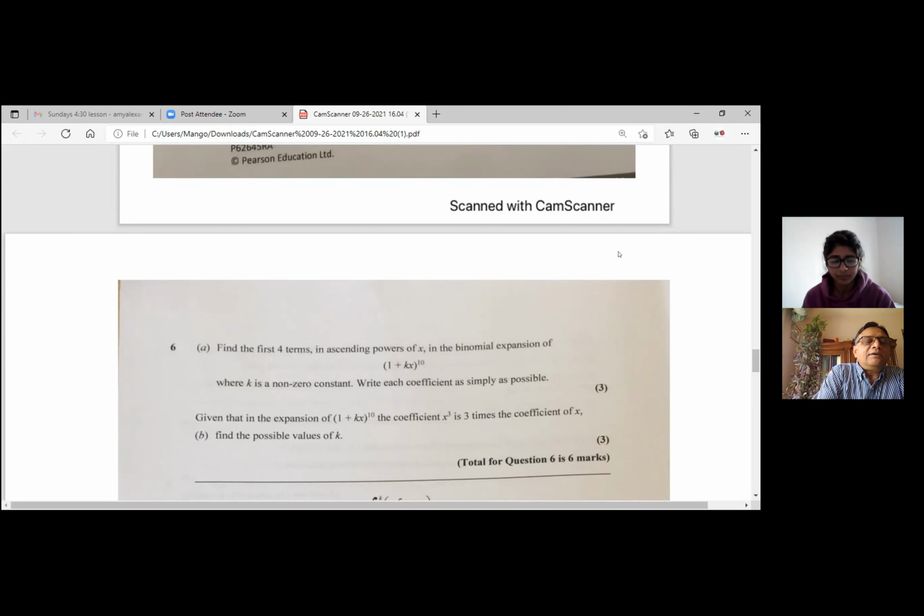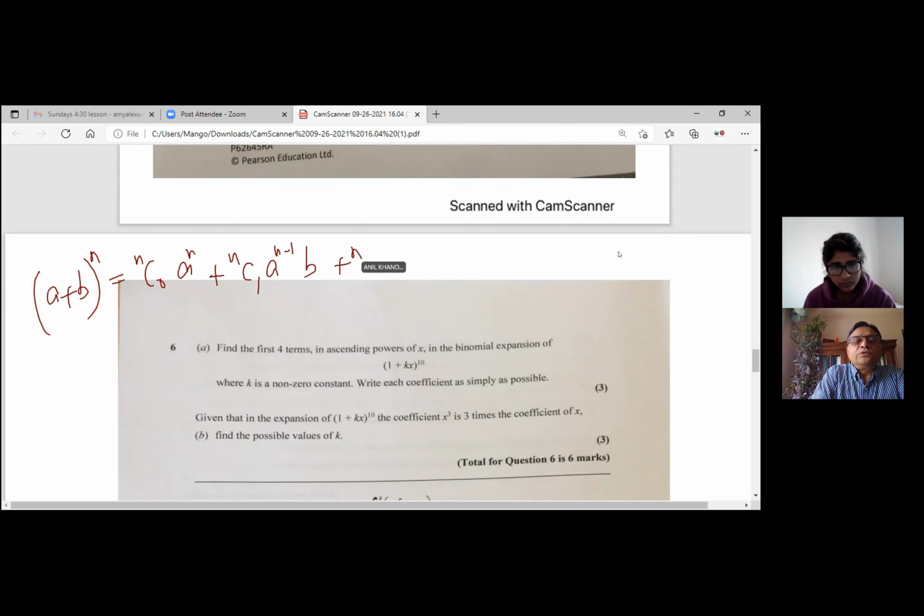If I have a plus b to the power of n, in that case my expansion is nC0 a to the power of n, plus nC1 a to the power of n minus 1 b, plus nC2 a to the power of n minus 2 b squared, and so on till b to the power of n, correct?